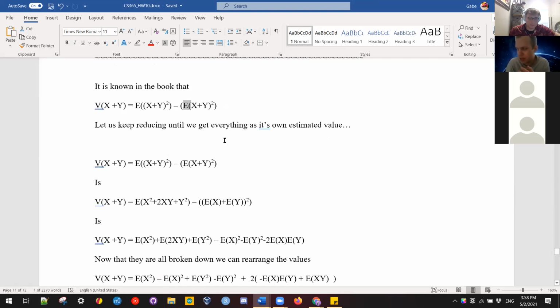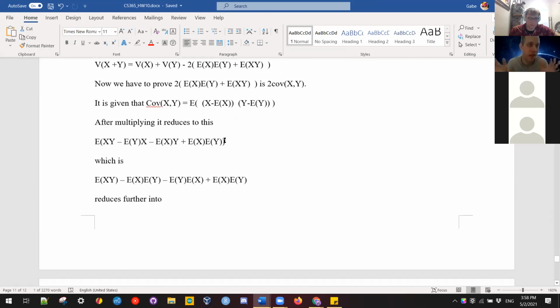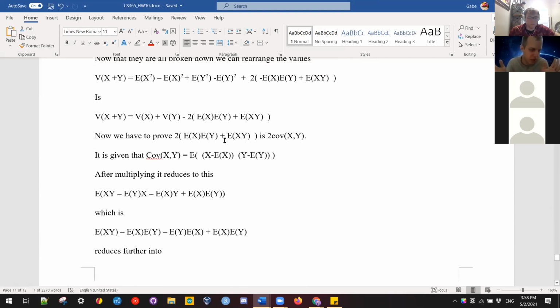I figured it would be easier to start with Vx plus Vy plus 2 COV, expand all that out, and then have fun with algebra and eventually simplify it down to V of x plus y. So I took it the other way, and both ways work, of course.